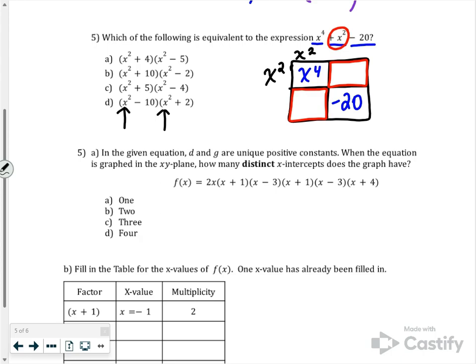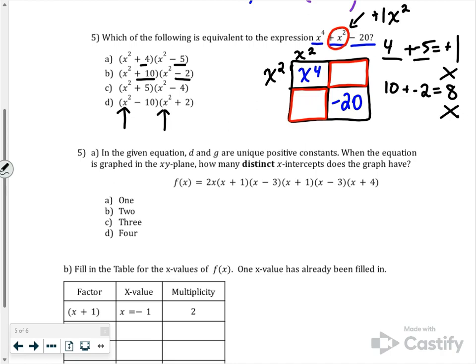But we're looking for 2 numbers that are going to add up to 1, okay? A positive 1. And so I start looking at these numbers over here, and I see 4 and -5. Now, 4 and -5 would not create positive 1, so that's not the right combo. If I did 10 plus -2, we get positive 8, and that is not equal to our positive 1. So remember, we have positive 1x squareds.